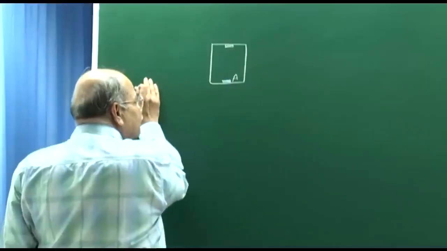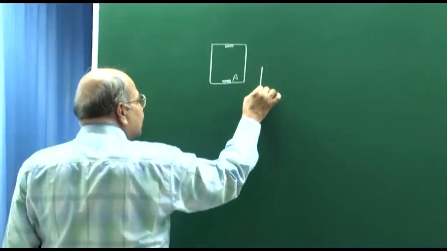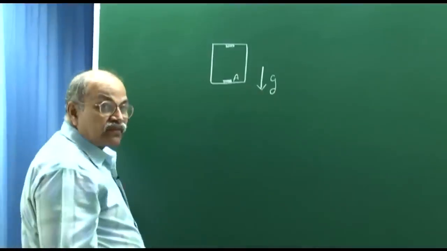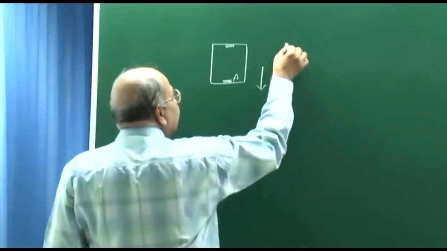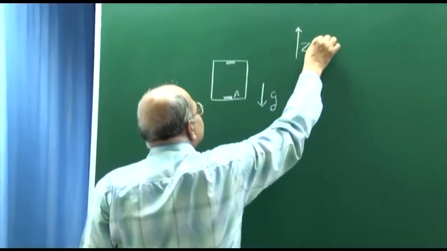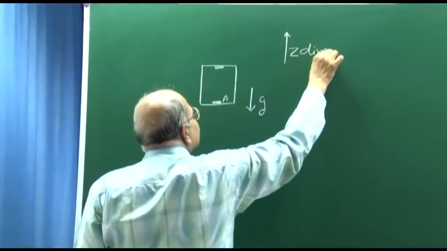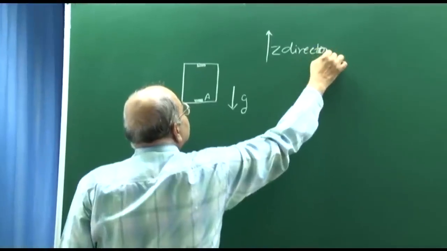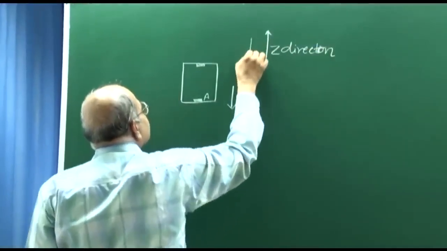So, in the inertial frame the box is going with an acceleration g. You can take the upward direction as z direction, so that the unit vector in this direction will be written as k cap.